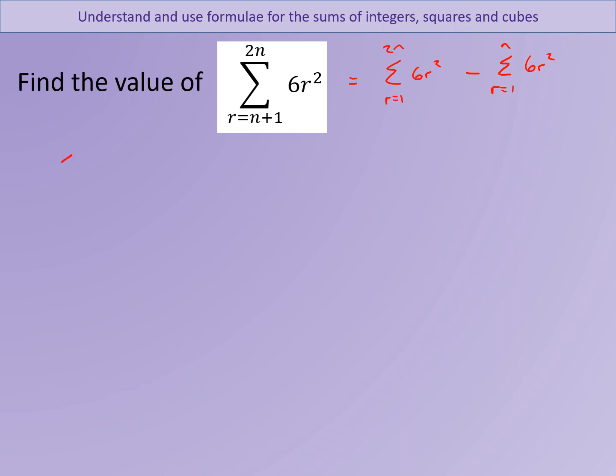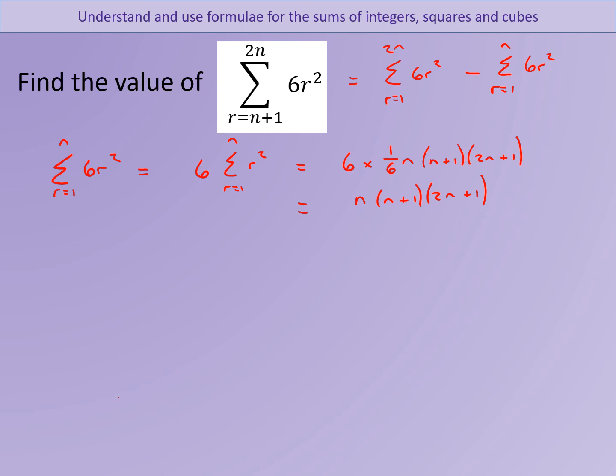I'm going to start with the sum from r equals 1 to n of 6r squared, because that one's slightly easier to do. So I'm going to pull the 6 out to the front. 6 times the sum r equals 1 to n of r squared, and the formula for that is 6 times a sixth n, n plus 1, 2n plus 1.